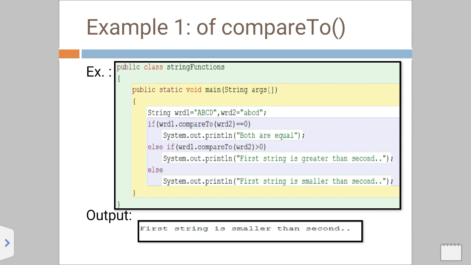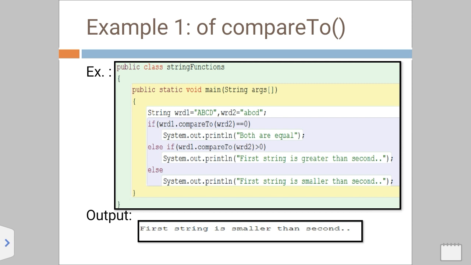When all the characters' differences are 0, then we are getting the answer as 0 by the compare to function. If we are getting the first difference as a positive value or a negative value, then we have to write WRD1 dot compare to WRD2 greater than 0 if a positive value occurs. Otherwise, else, a negative value we are having.